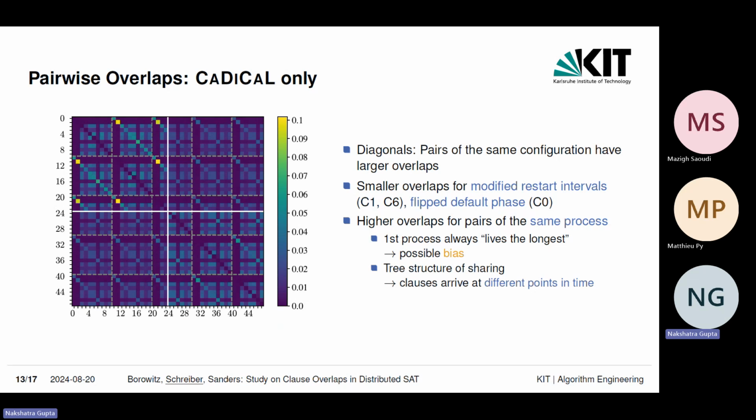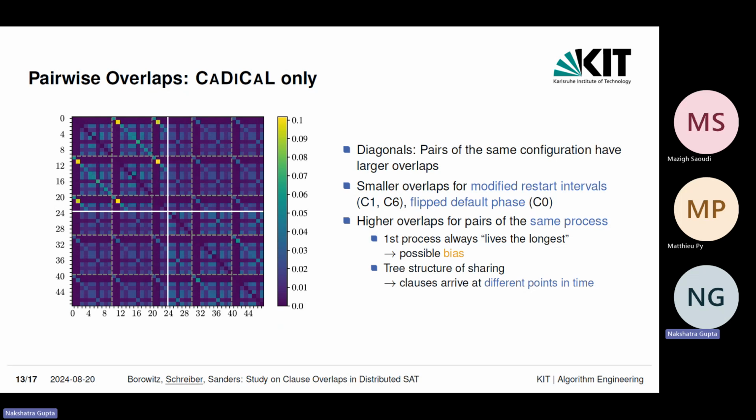What you can also see, or at least I hope you can see, is that we get higher overlaps for pairs of solvers that are within the same process. That's visible by considering that the upper left square and the lower right square are a bit brighter than the upper right and the lower left square. Those are the solver threads that belong to the same process. And there are two possible explanations for that.